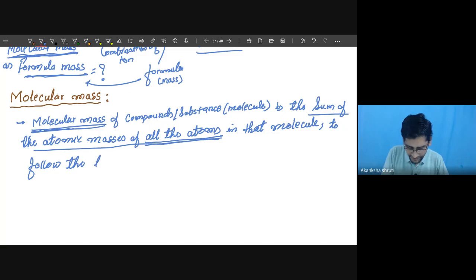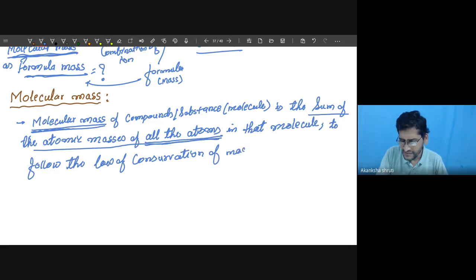The law of conservation of mass, or the laws of chemical combination, because the atoms combine to form a molecule, and during this combination or chemical reaction, mass does not change. That was our first law that we learned at the beginning of this chapter. So by following the law of conservation of mass, the molecular mass can be determined.